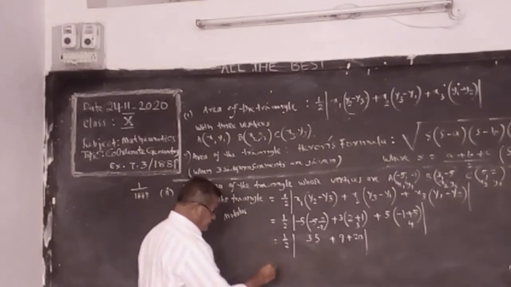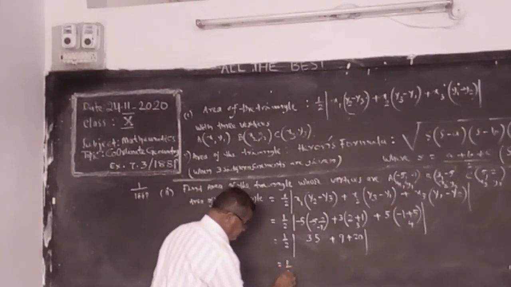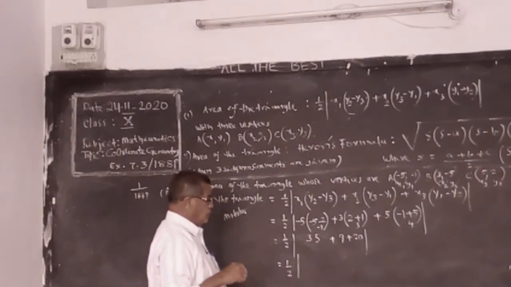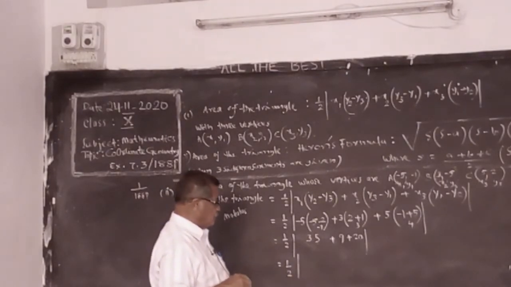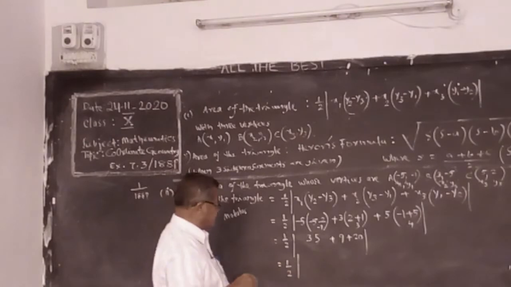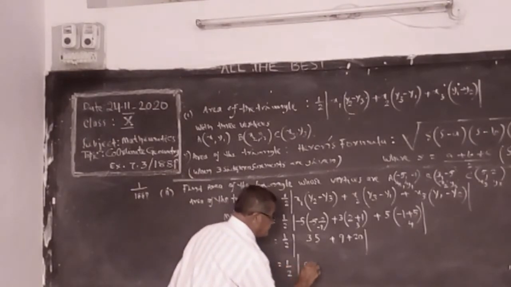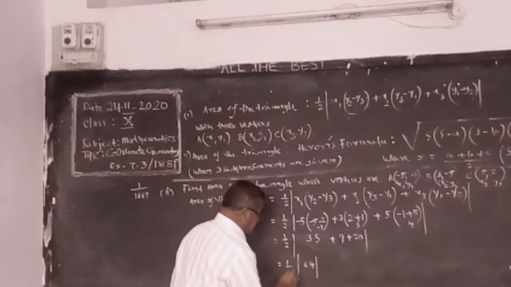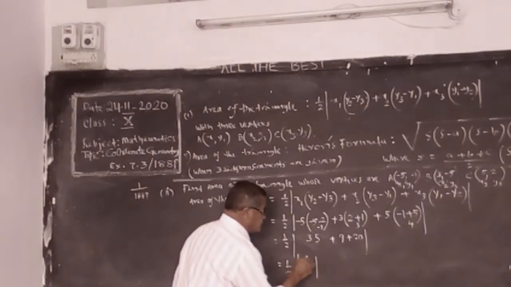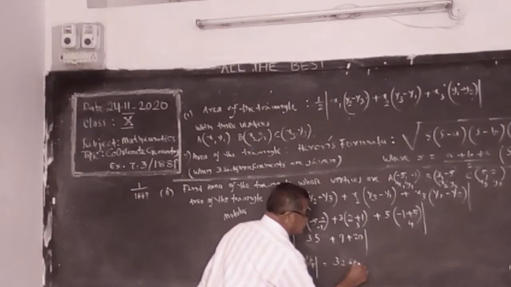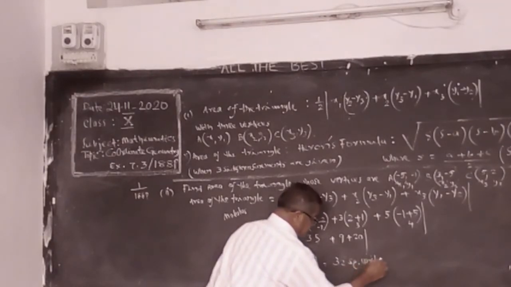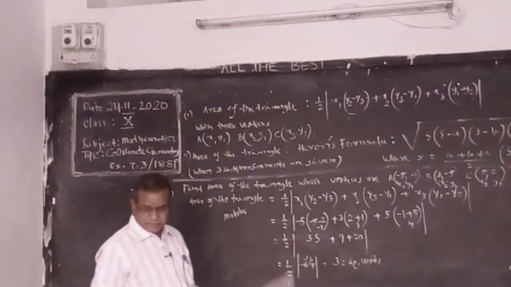Now half of: 35 plus 9 is 44, 44 plus 20 is 64. Cancel, 2 ones are 2, 2 threes are 6, giving 32. So the answer is 32 square units.